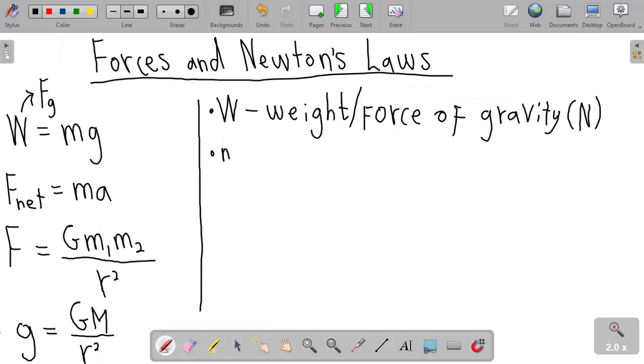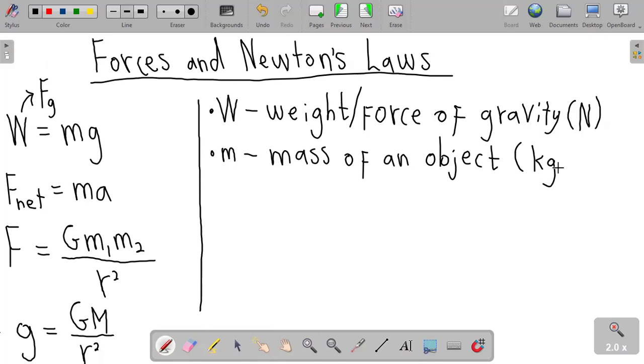And then M is the mass of an object, measured in kgs.